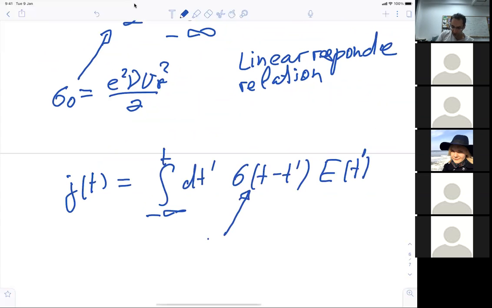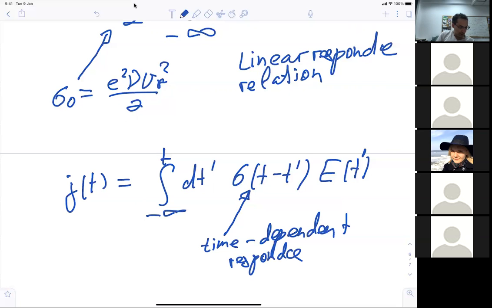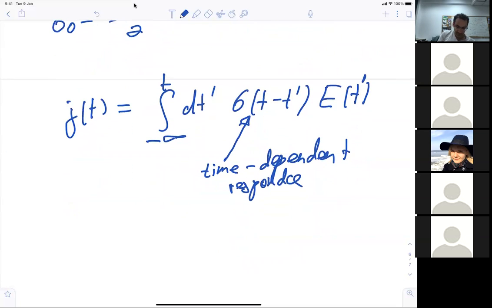And this is the time-dependent response function. So what is this sigma of t?